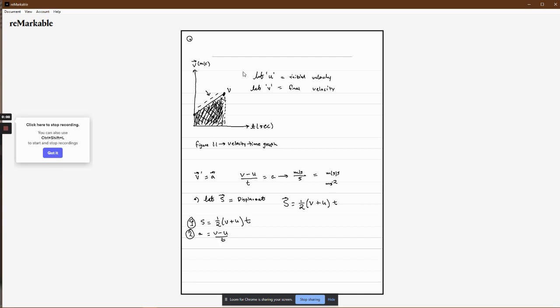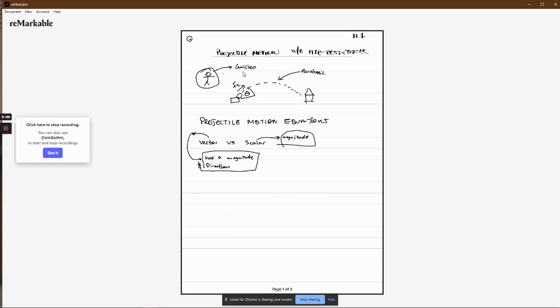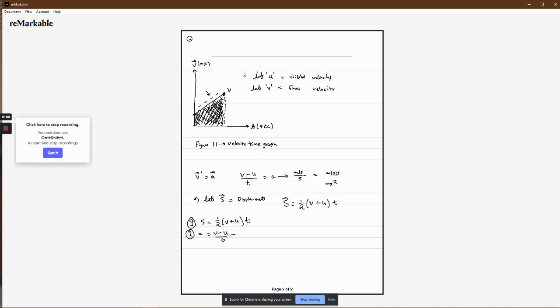Now, Galileo, this bloke over here, he went like, damn, this acceleration formula is so interchangeable. I can change it to v equals u plus at, and u is equal to v minus at. He got two different formulas just by rearranging the acceleration formula.